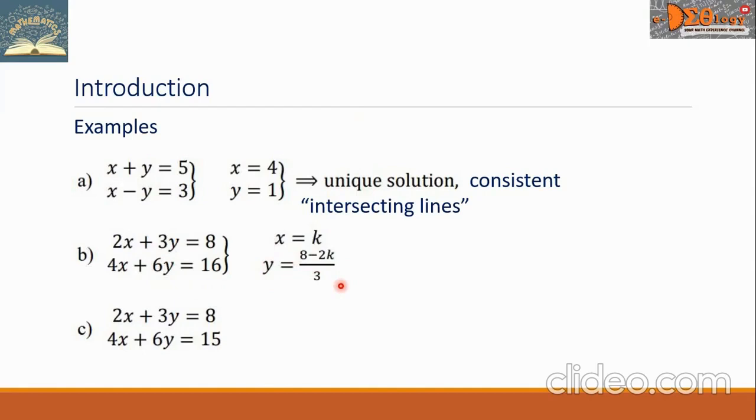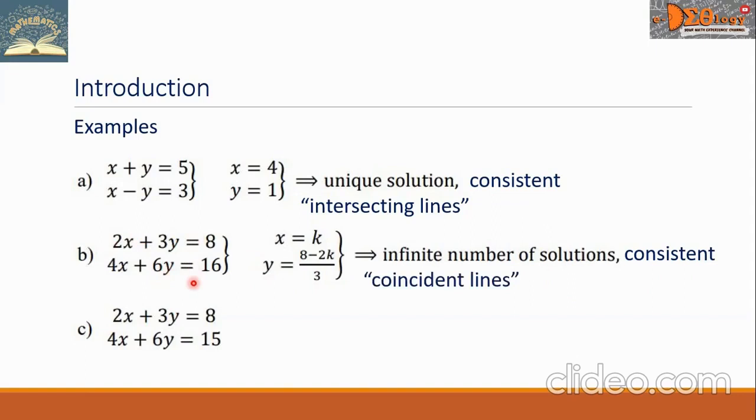We can put any value for k. Then another value will come for the y, which means we have infinite number of solutions. But then this is called consistent system. If we're going to graph the two equations here, we will see that we have two coincident lines.